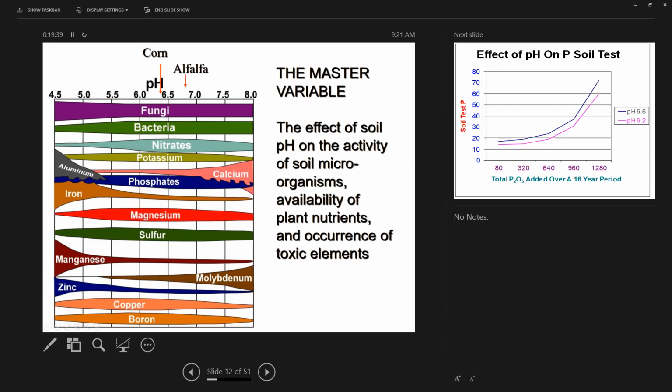If you're at 6 or 6.1, maybe even 5.9, you're okay. You start getting down to 5.7, 5.5, then you start running into these problems. The other thing with a low pH: aluminum and manganese, even though they are used by the plant, when we start increasing their availability, they can cause root damage.